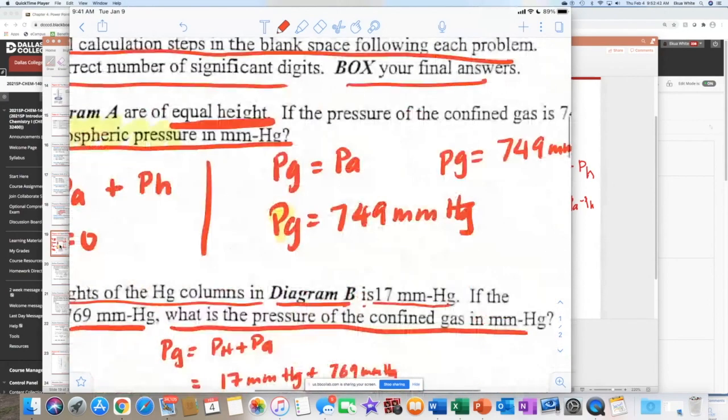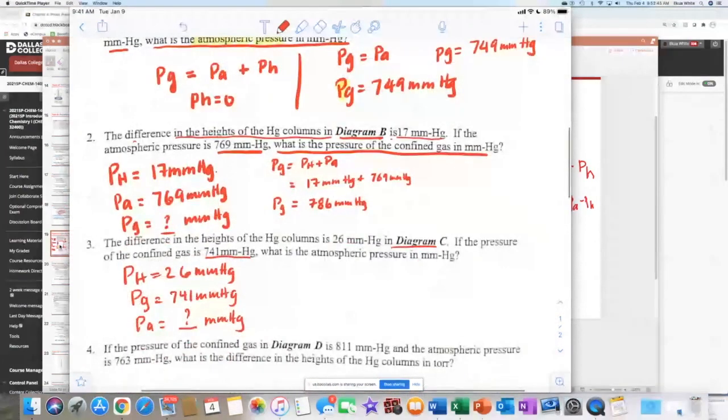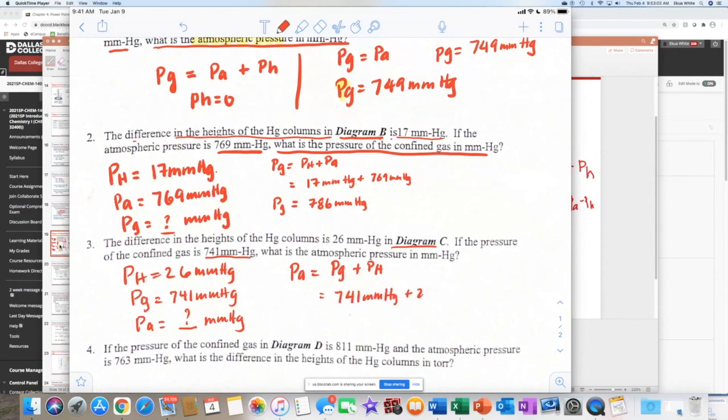Okay, so right here, Pa is equal to Pg plus pH. So you continue like that, 741 millimeters of mercury plus 26 millimeters of mercury, and you get Pa.